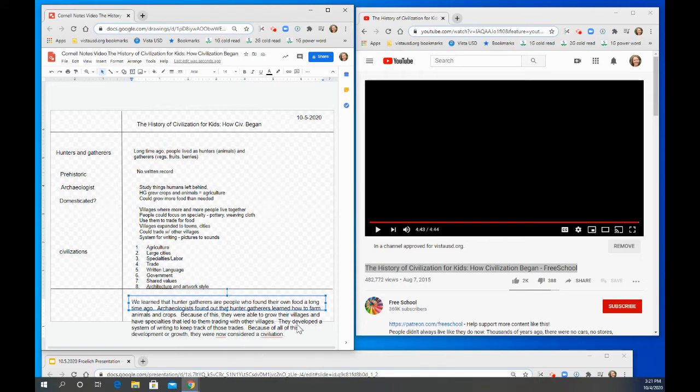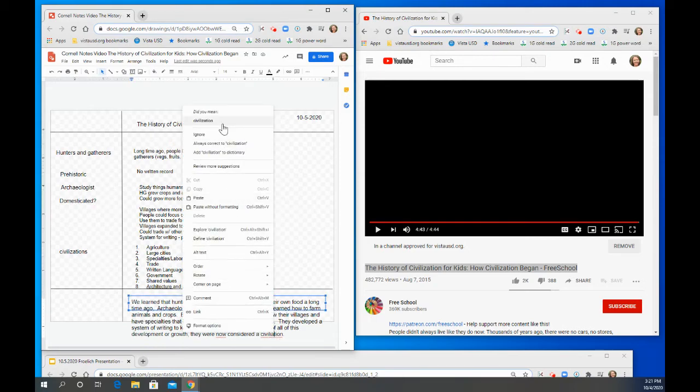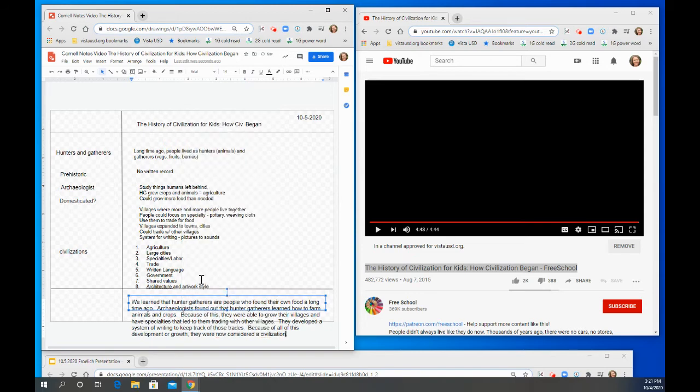I could list them and add one more sentence, but you can see here that I'm starting to run out of space on my notes. So I'm going to go ahead and pause and not add this detail in. You would be correct in saying that we are going to be studying all of those characteristics of civilizations. That's where we're actually headed next in our content that we're learning.